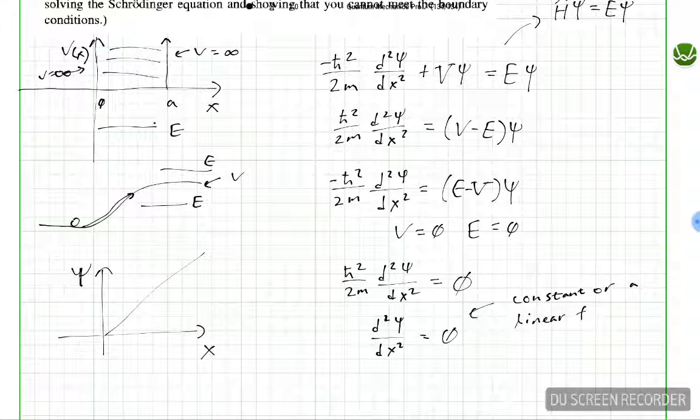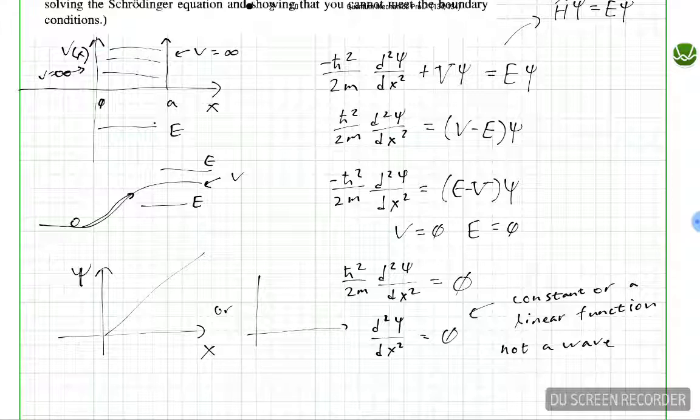So the short answer to this is that the energy cannot be 0 because that would make our wave function a linear function. So this is not a wave. It is a constant or it is a linear function.